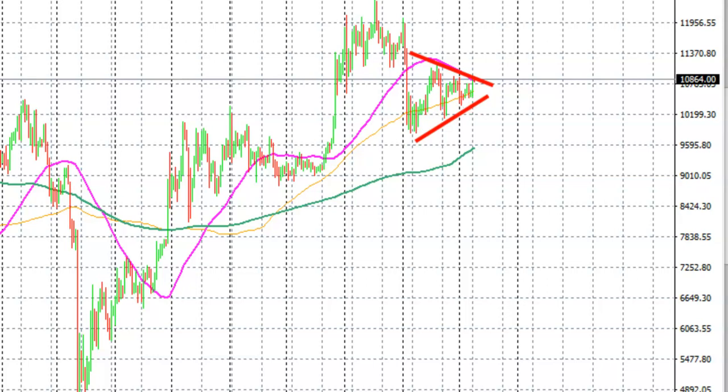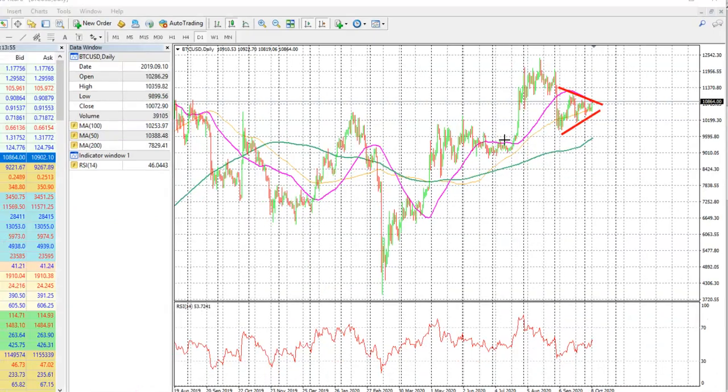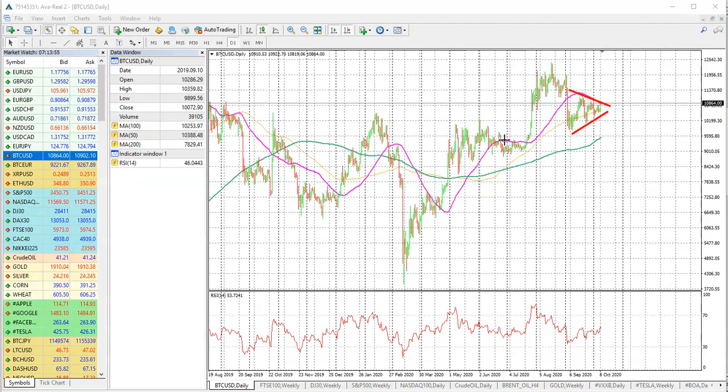Usually when the price forms a symmetrical triangle pattern in an upward trend, it means that the price is likely to break to the upside. When I look at the RSI, it also confirms to me that this momentum is very much likely to continue its journey to the upside.